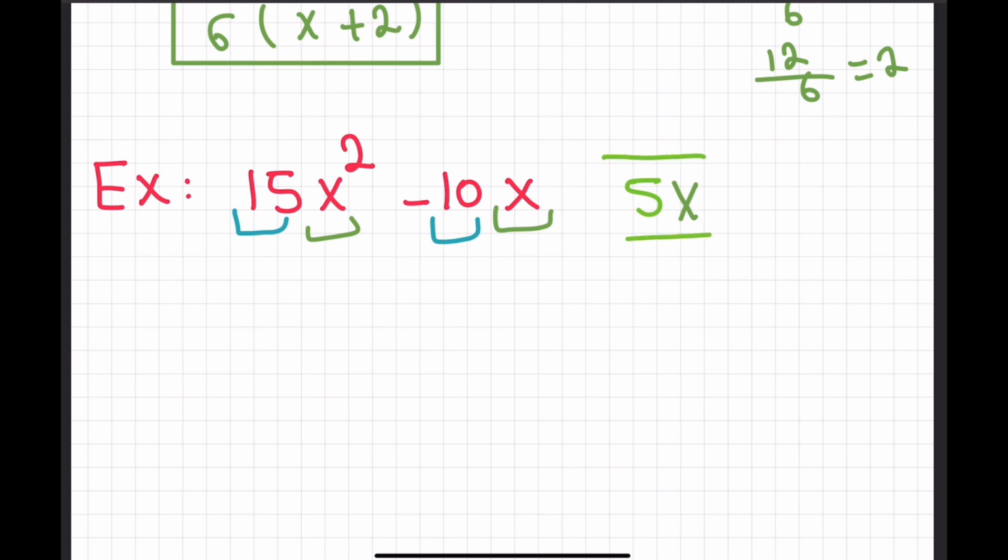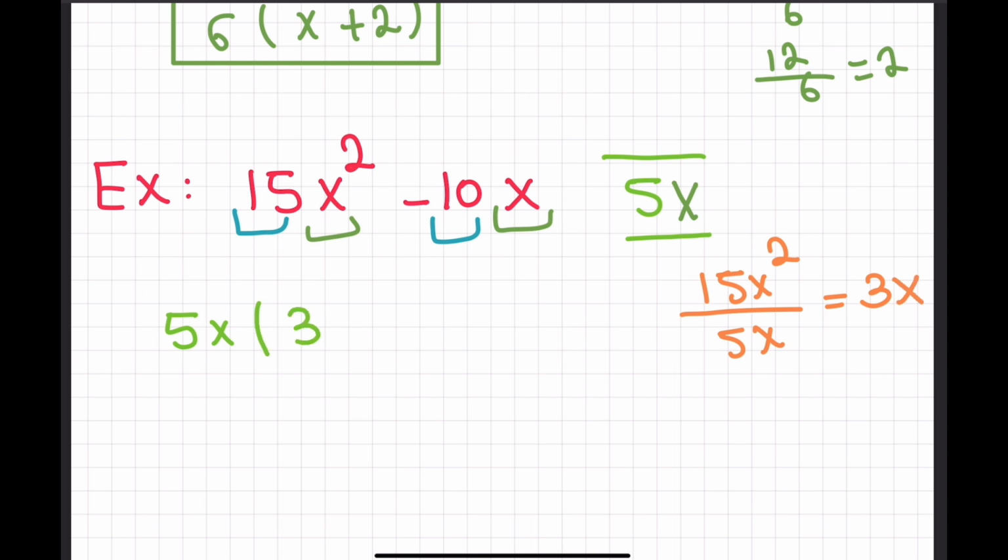So 5x is what I have in common, and I'm going to write down 5x. The first term is going to be divided by 5x: 15x squared divided by 5x. 15 divided by 5 is 3, and x to the power of 2 divided by x is x, so it's going to be 3x.